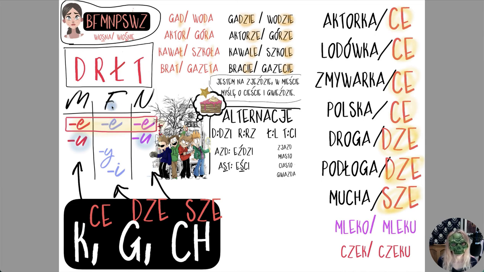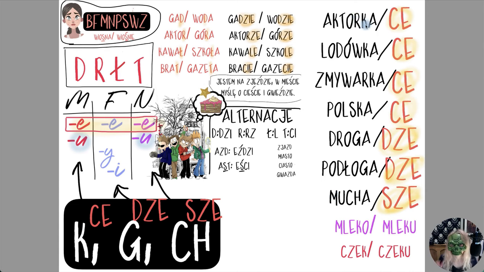So you can see that we're talking about feminine nouns that have the a ending. However, the last consonant in question, after taking away the vowel, is the letter K, G, or CH. Only one example for CH.